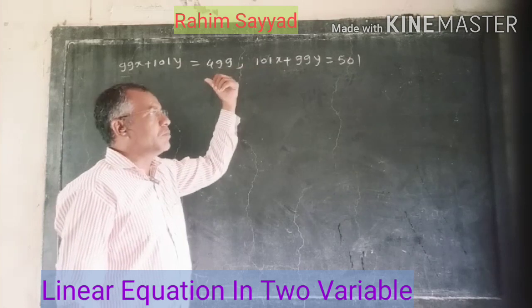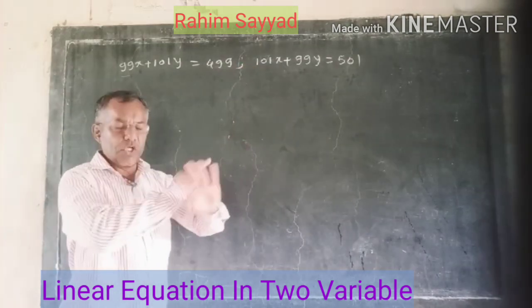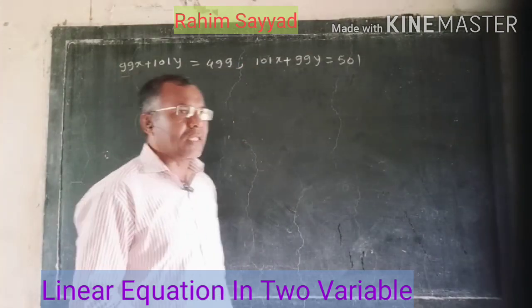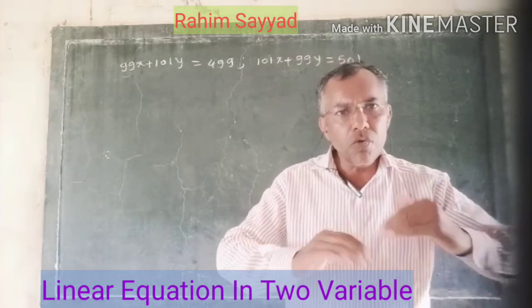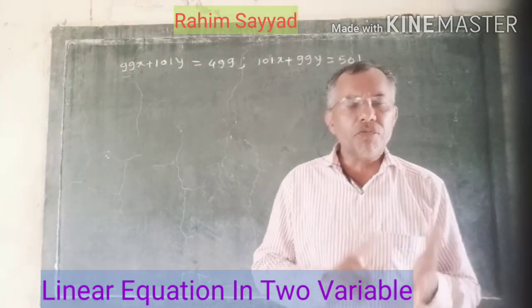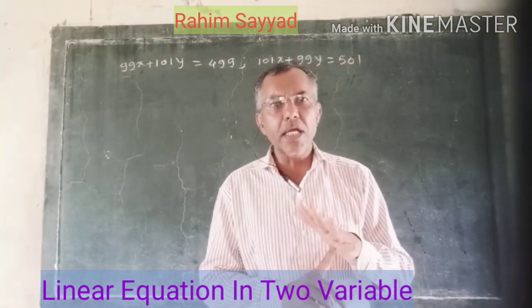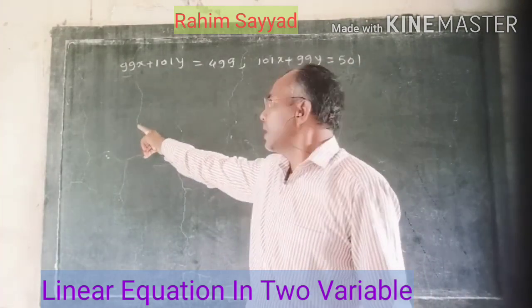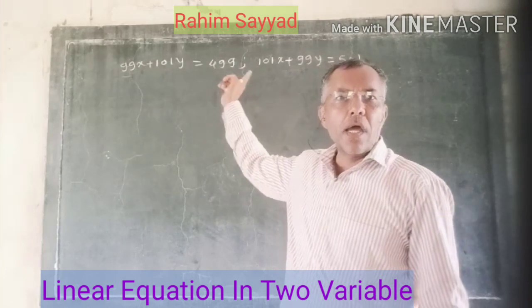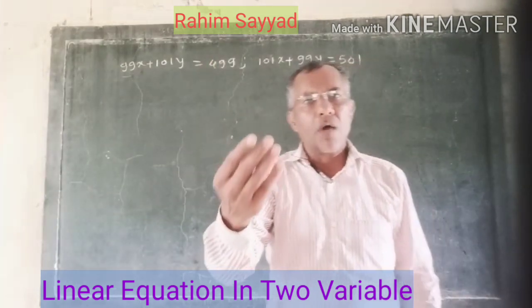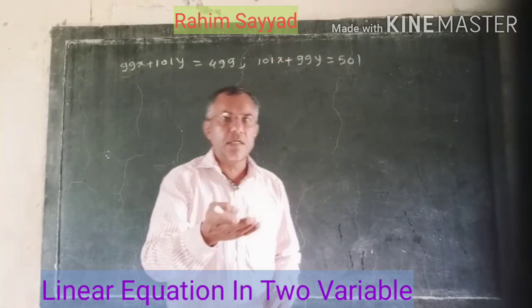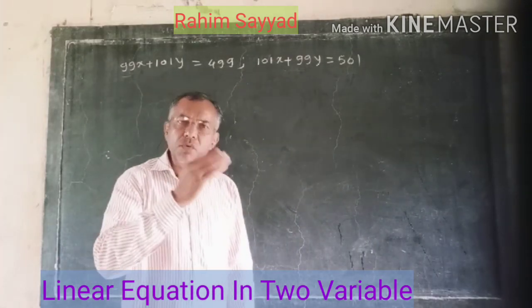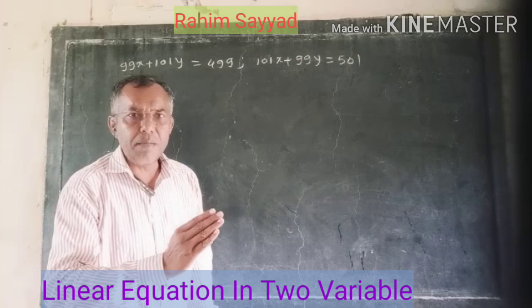When the coefficients are interchanged like this, what can you do? The first step is adding equations first and second. After adding these two equations, you will get a new equation, number 3.